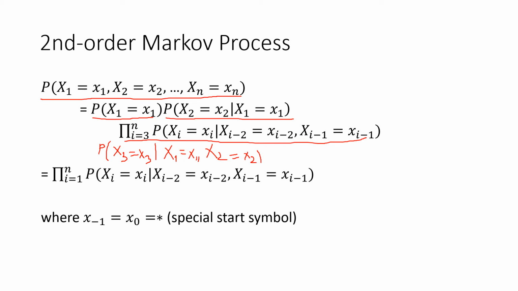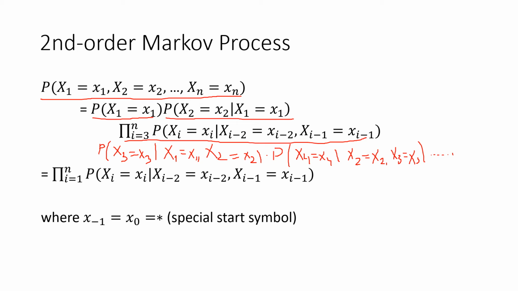And for the next term, i equals 4, we'll have the probability of X4 equals x4 given the two previous words, so given the variables X2 equals x2 and X3 equals x3, etc. So times the rest of the product depending on the number n.